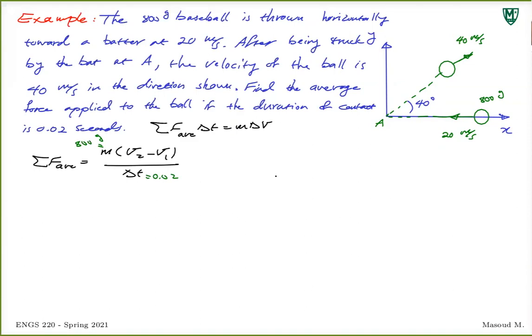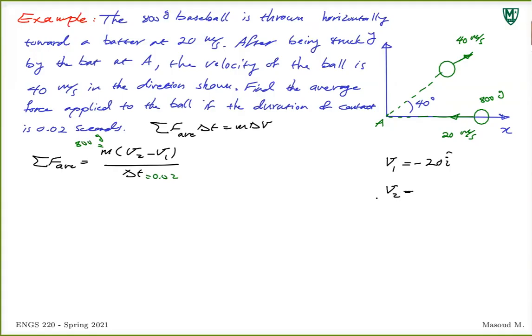Now the velocity before impact, V1, is 20 meters per second to the left, so minus 20I. Write it in vector form. It's probably the easiest way of doing it.